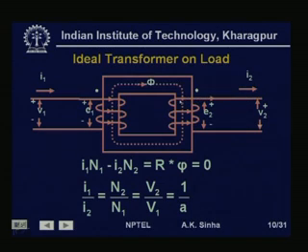This current I2, when it flows through this winding, is going to produce a flux, which will again be an alternating flux. As we see from the right hand rule, this flux will be opposing the flux set up by the first winding.